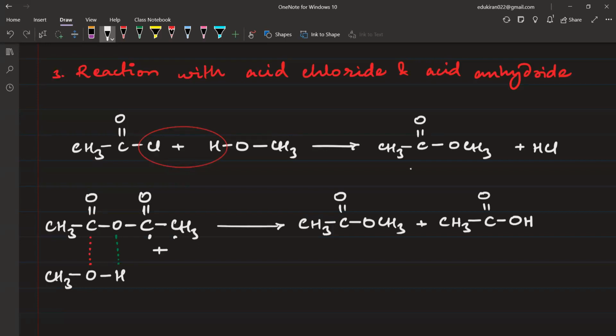Here also we are getting ester, and here also we are getting ester. In both cases I'm getting carboxylic acid here, and hydrochloric acid here. So the byproduct is acid.